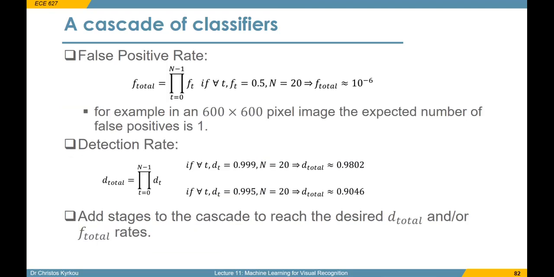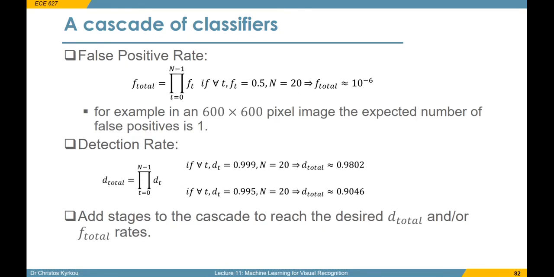Just to see the impact of this cascade, if you want to compute the false positive rate of the cascade, it's the product of each individual stage.